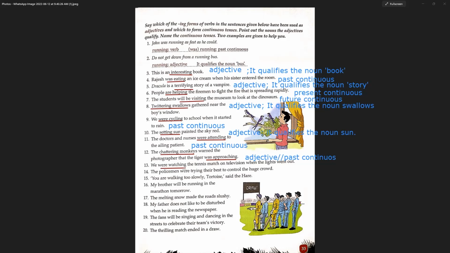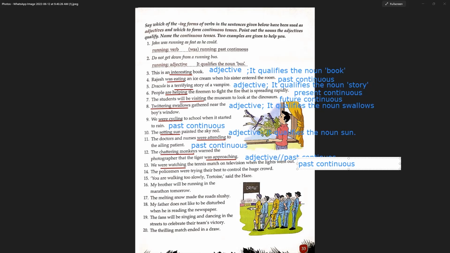We were watching the tennis match on television when the lights went out. Okay, right. What shall I underline, Vinuka? Were watching. Yes. So, is it an adjective or continuous? Continuous. Which continuous?